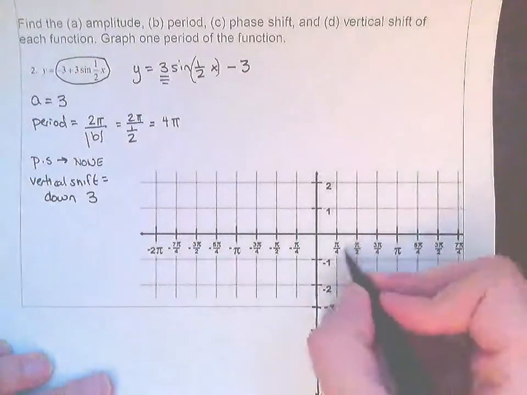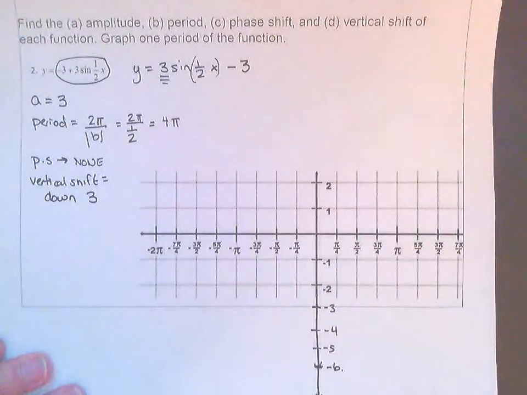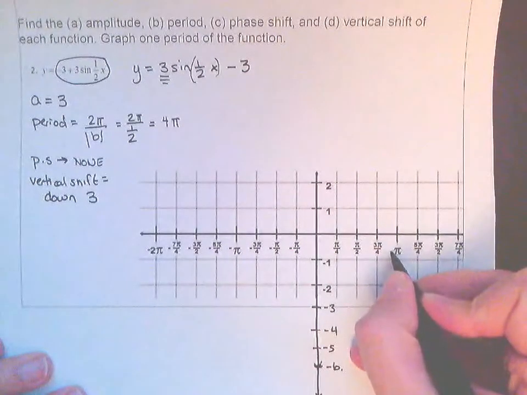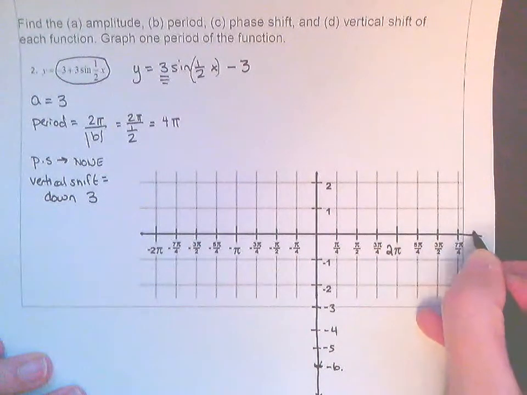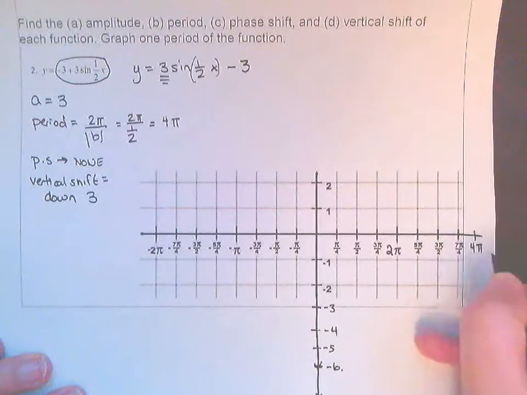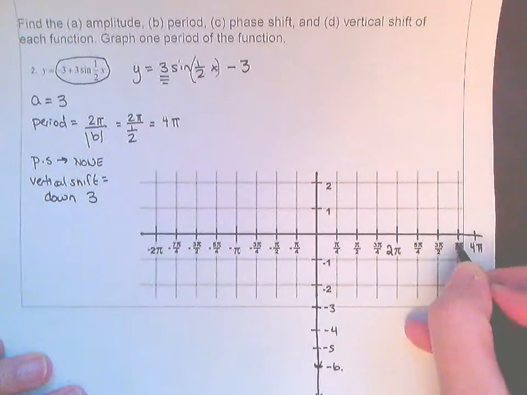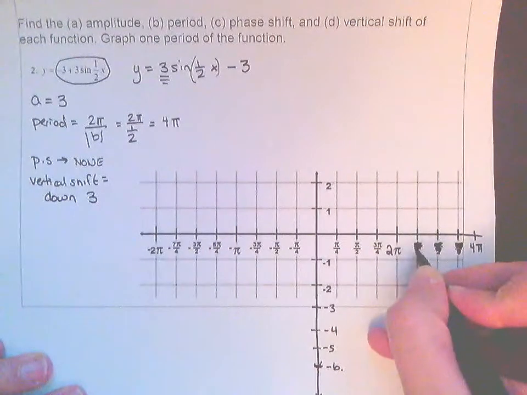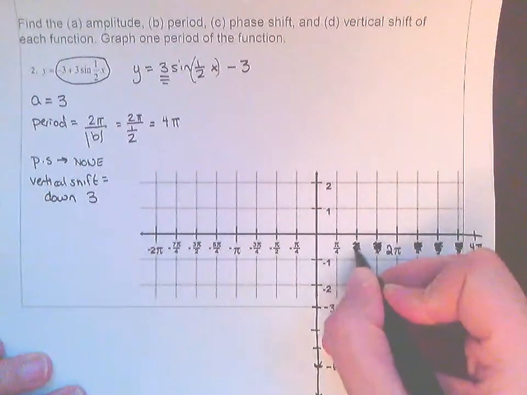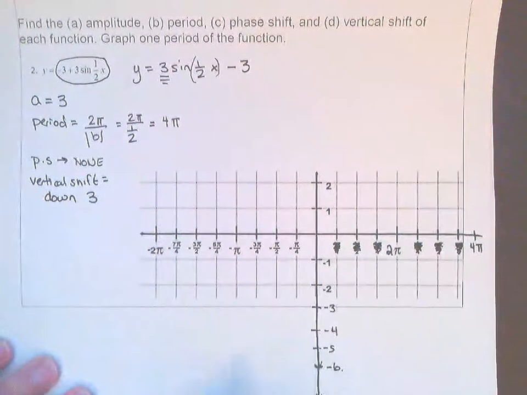And then 2 pi is going to have to be right here, and 4 pi is going to be right there. So we're going to have to ignore these numbers for a second. I'll explain why I did that.